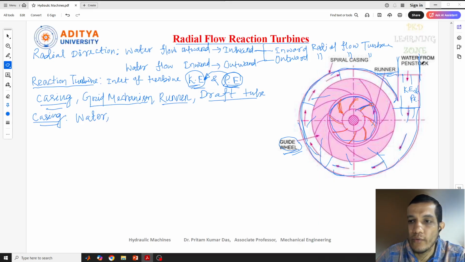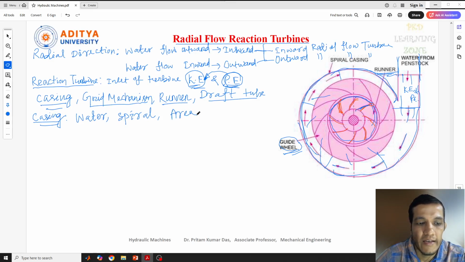As I told you, the water which comes from the dam through the penstocks enters through the casing, and the casing is a spiral casing, in which the cross-sectional area is continuously decreasing, gradually. When the area decreases, obviously the velocity will increase at this point, so the fluid velocity will be increasing.